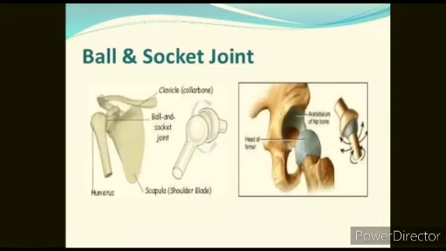The first category is the ball and socket joint. In this joint, the ball-like end of one bone fits into the cup-like cavity of the other bone. So this allows movement in all directions. Examples of this type of joint are the joint at the hip and the joint in our shoulder.